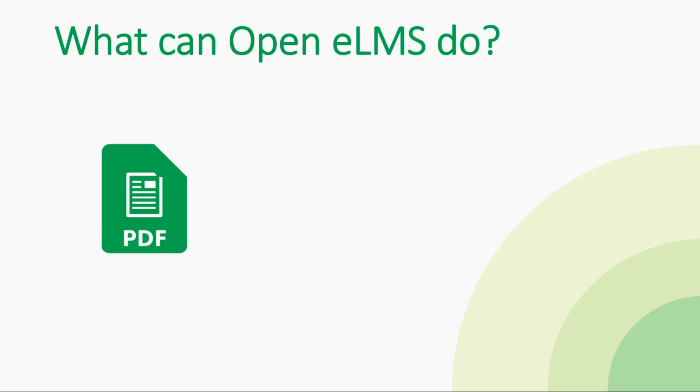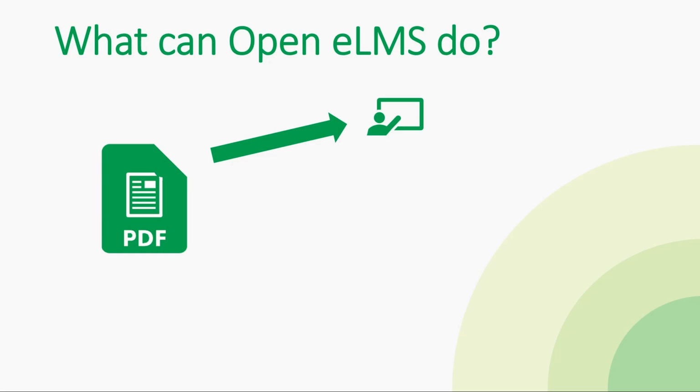So here is what Open eLMS can do. It starts with a PDF document. This could be any document from the internet or a bespoke PDF that you have created for this purpose. Such a document may combine information from several documents and your own expertise on the topic. Open eLMS converts the PDF document into an online training course with quizzes, knowledge checks, and tabs.